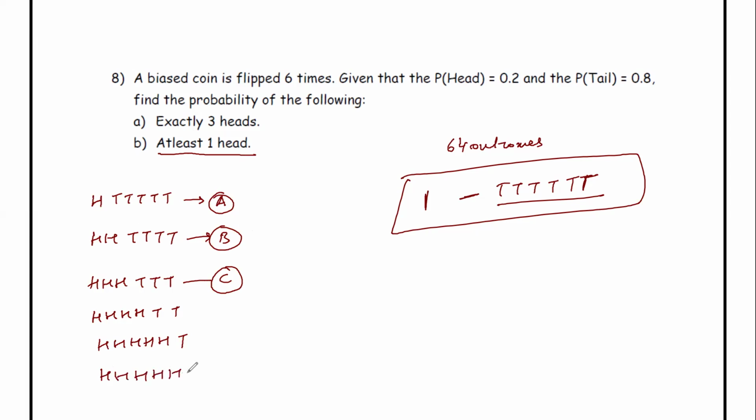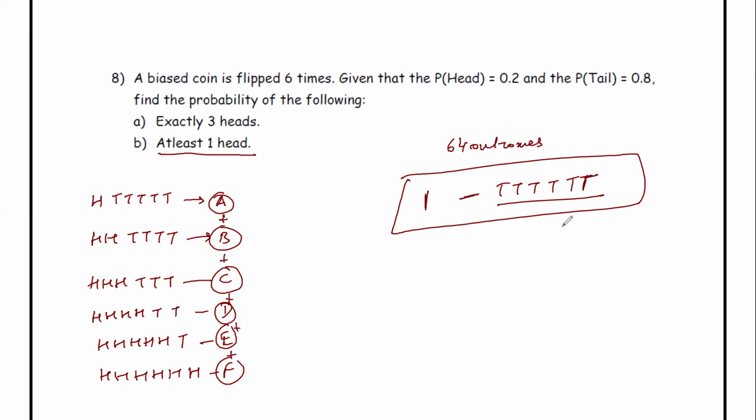So what you need to do is basically add these up, A, B, C, D, and the total will be your answer. And the easier way out is using this strategy, this concept.